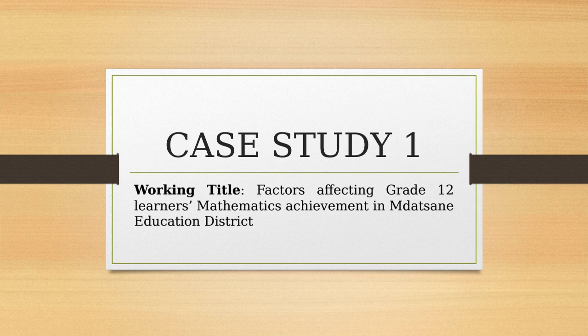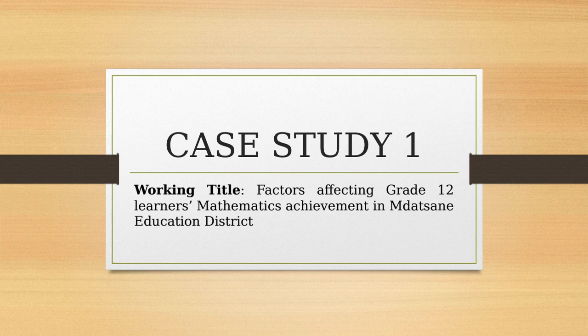So when you look at the assignment that I gave you, I said, give me your working title. And your working title, which is your topic, must have those three phenomena. When your working title has those three phenomena and is very correct, you get the full 5 marks there.